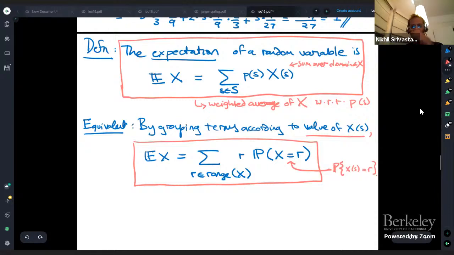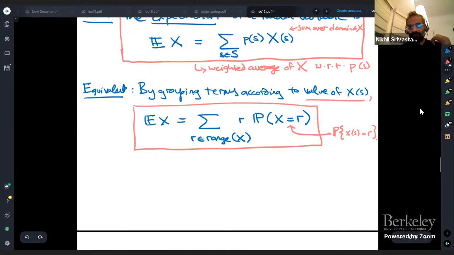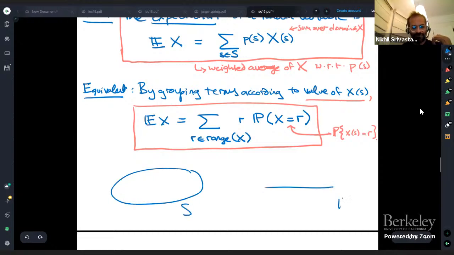So if I were to draw a cartoon of this, what's going on is, I have the domain S, I have the range, the real numbers, and I can partition this depending on the values that X takes, right? This is the set X equals 0, this is the set X equals 1, this is the set X equals 2, and so on.